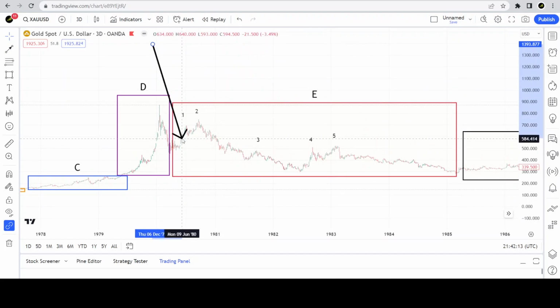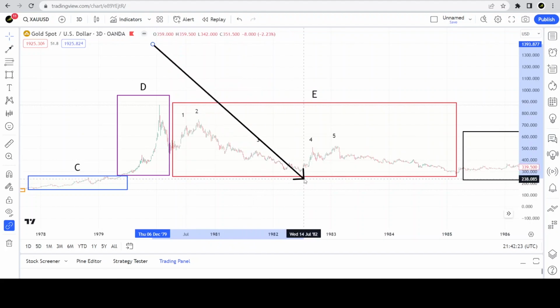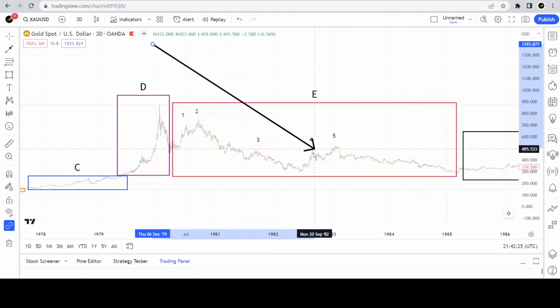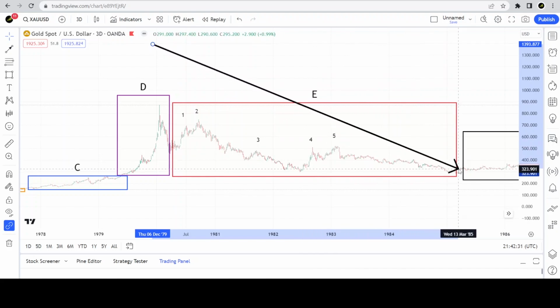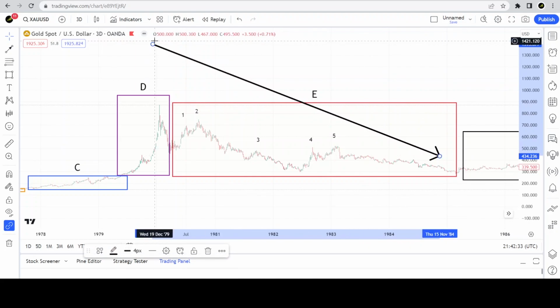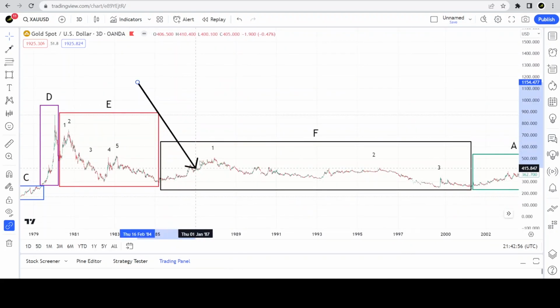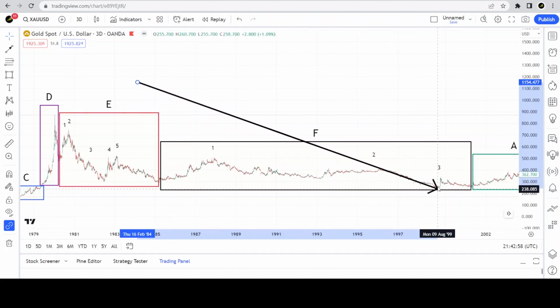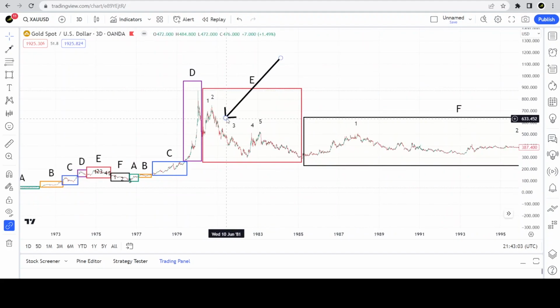So in E, this one is interesting. So it comes up to a peak. Here we have the first peak, the second peak. This time around, it just drops real sharp. And here is your third peak. And then it moves up, and you have your fourth and fifth peak, followed by a long kind of slow decline into F. So in F, you have the three waves, wave 1, wave 2, and that short little bounce of a third wave, just like it was over here.